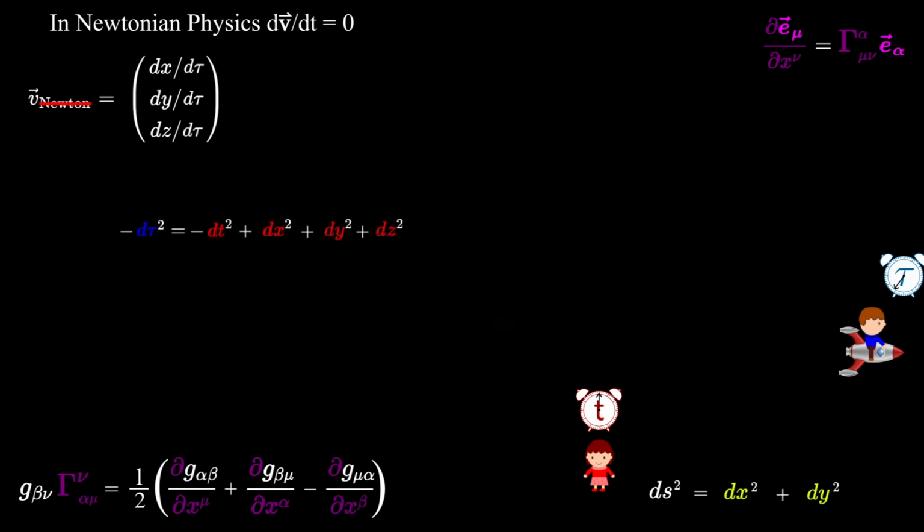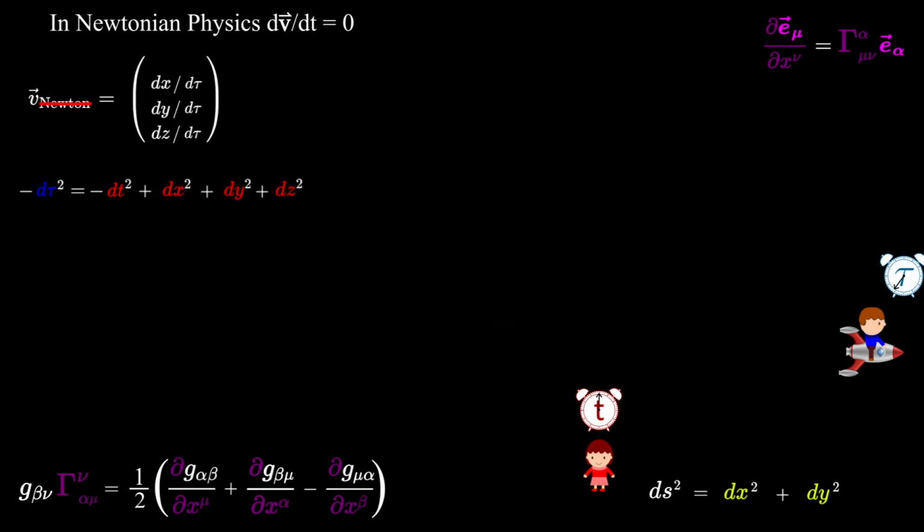In fact, in relativity, the time t, which has so far been left out of the velocity, is actually a fourth coordinate that different observers can disagree upon. So the Newtonian concept of velocity is extended to one more dimension whose component is dt by d tau. This four-dimensional velocity is denoted by u and is called the four-velocity.